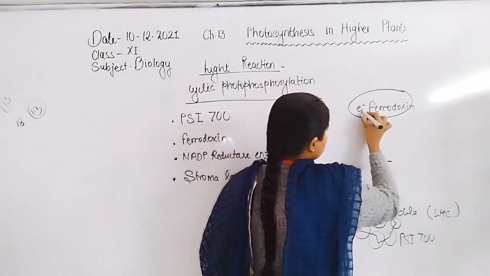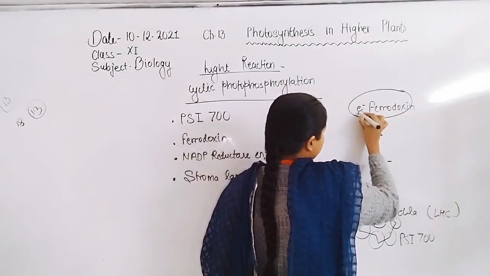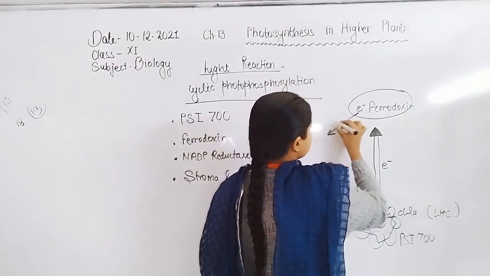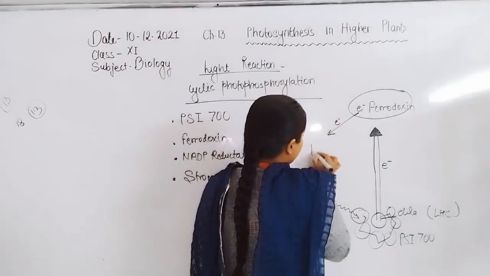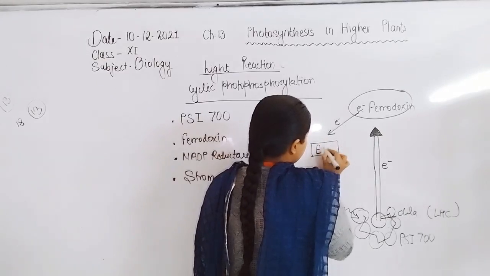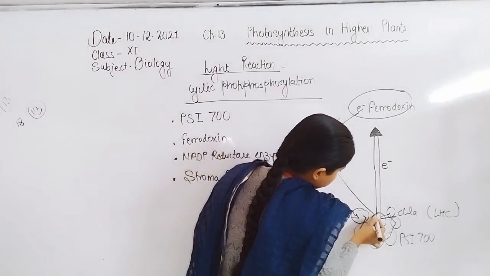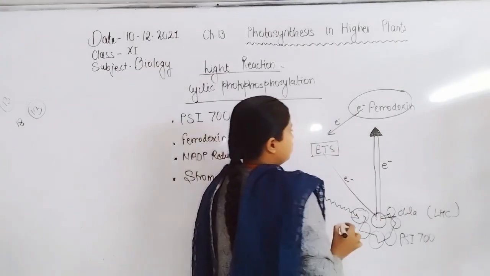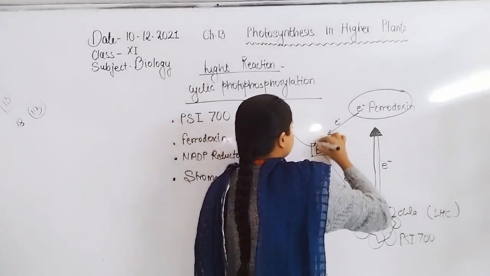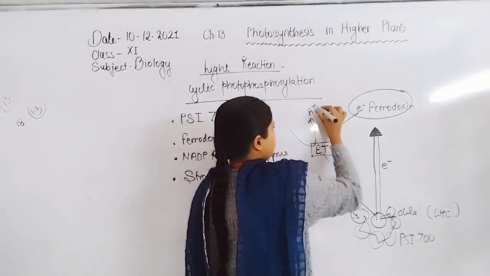The ferredoxin passes this electron in a downhill manner to the electron transport system. The electron transport system again passes the electron in a downhill manner, and through it ATP gets synthesized.